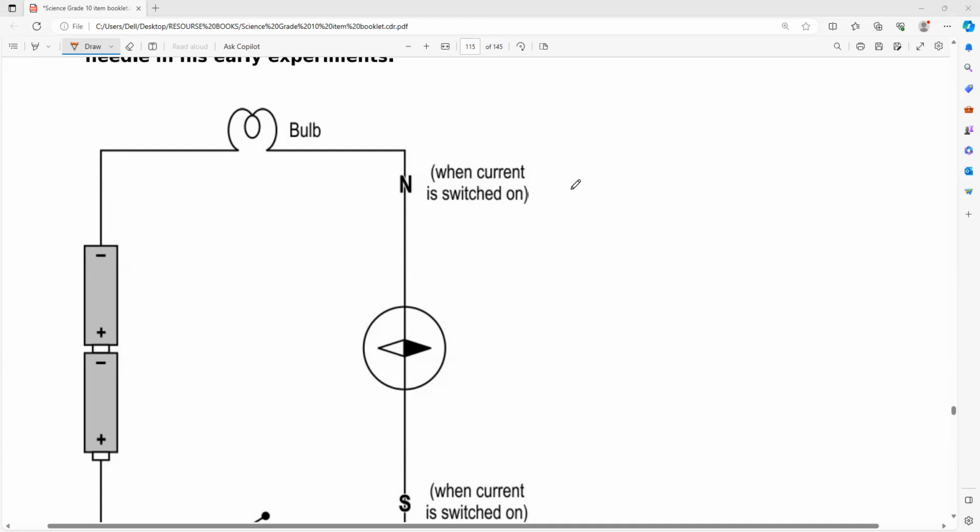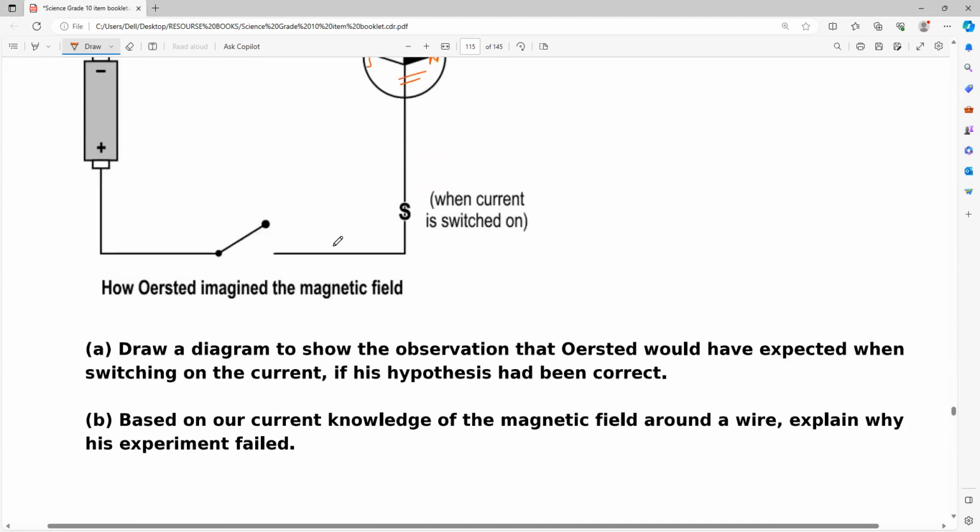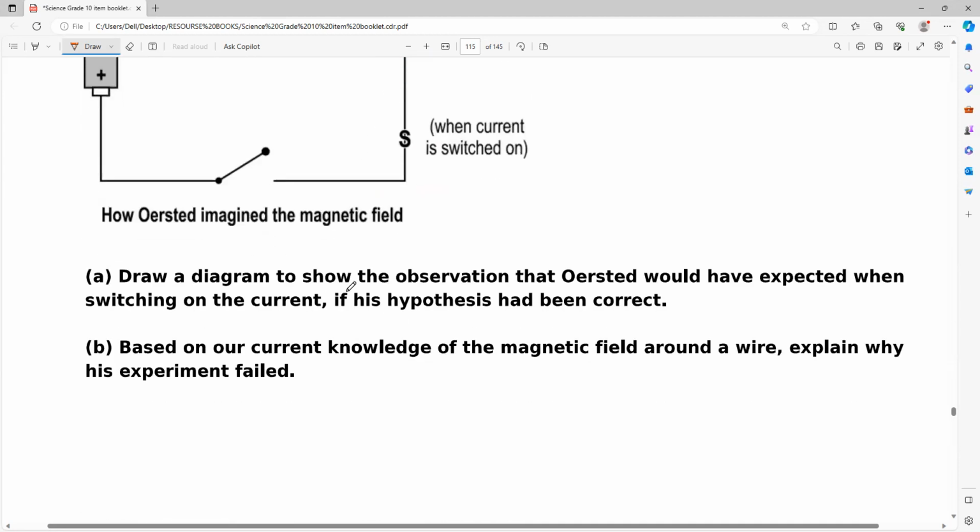So this is Oersted's expected diagram, where no deflection was noticed, because the compass has been placed perpendicularly. You can see it here, perpendicularly, so no deflection.